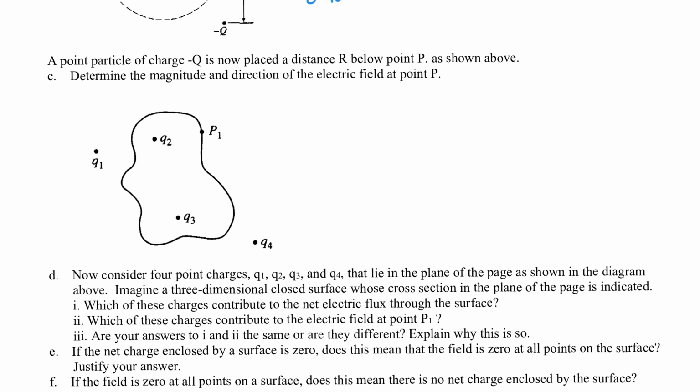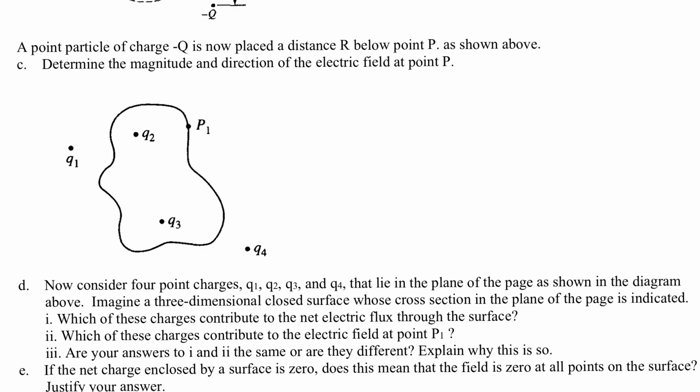Which of these charges contributes to the net flux through the surface? So that first question, the net flux through the surface, is only about the charges enclosed. So to answer question 1, I would put Q2 and Q3, because Q4 and Q1 aren't inside. That seems like a reasonable answer.